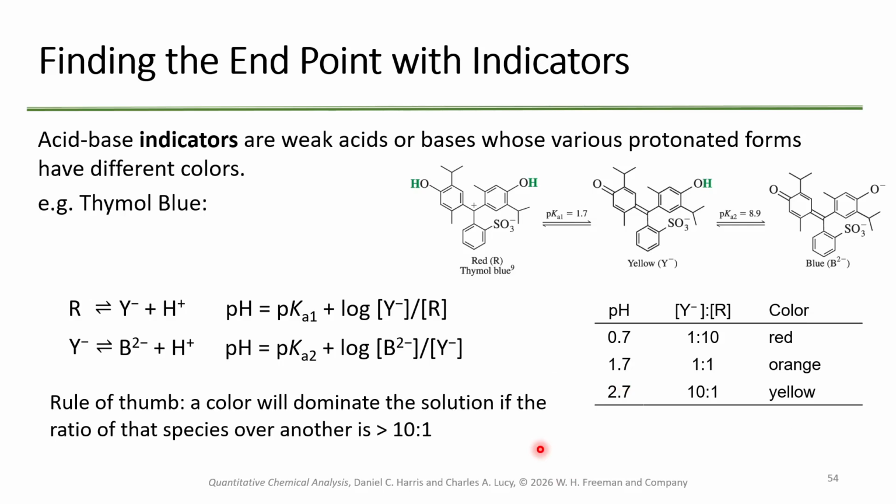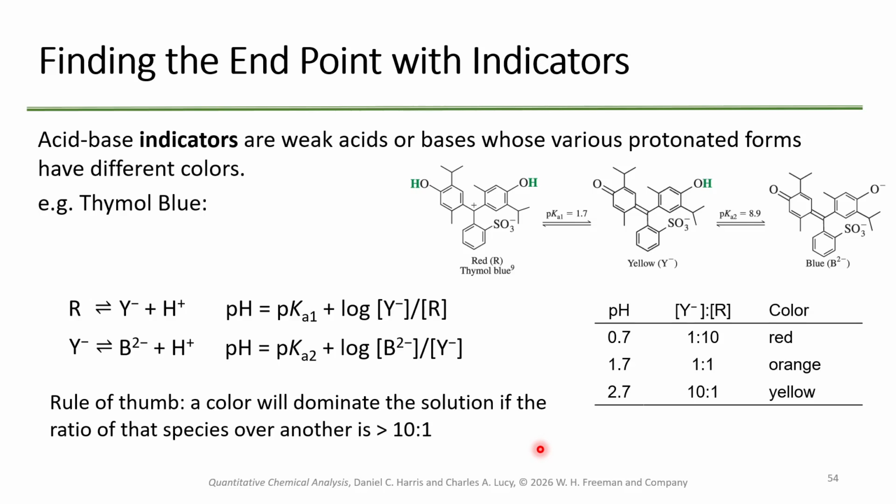Now, a color will predominate the solution if the ratio of that species over the other color is 10 to 1. And so that's where you're going to be able to start seeing color changes, where you've got a ratio of 10 to 1 concentration. What does that mean for your eyes? They're not exactly the most accurate thing, right?